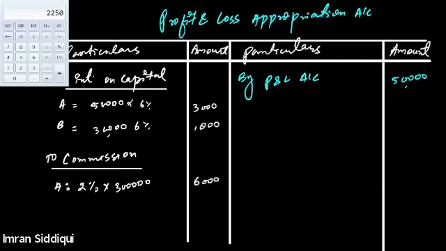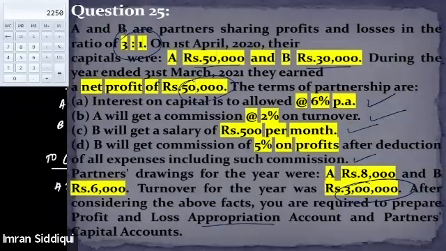Also, the question is telling us about B's salary and commission. B will get a salary of 5,000 per month, and B will also get a commission of 5% on profit after deduction of all expenses, including such commission. So we won't be able to calculate the commission for B as of now.